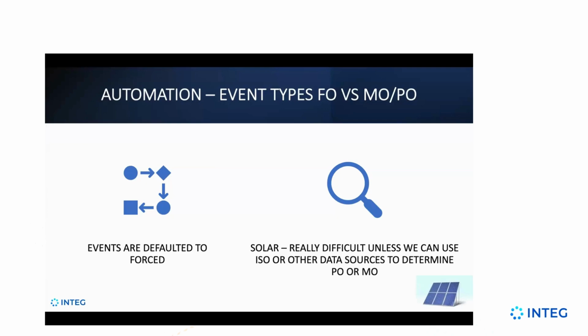Or what we're saying, where you have the ISO data in real time, you can use that data to actually come up with what was going on, whether it was planned or maintenance, because you have to submit that to the ISO. So if you're in SPP, PJM, MISO, New England ISO, all of those types of places, ISOs or RTOs, then you're going to have to submit your real-time outages and future outages, and that will already be there by the time you're doing this, so you can use that for these purposes.